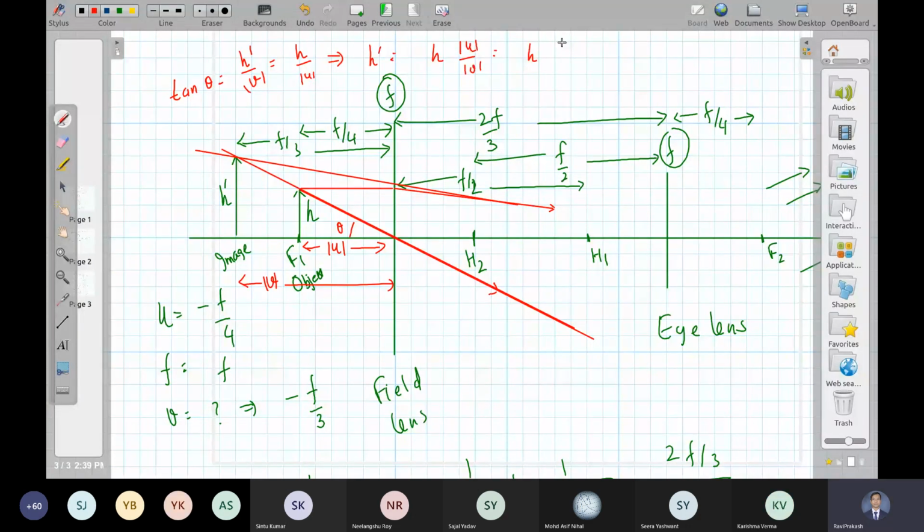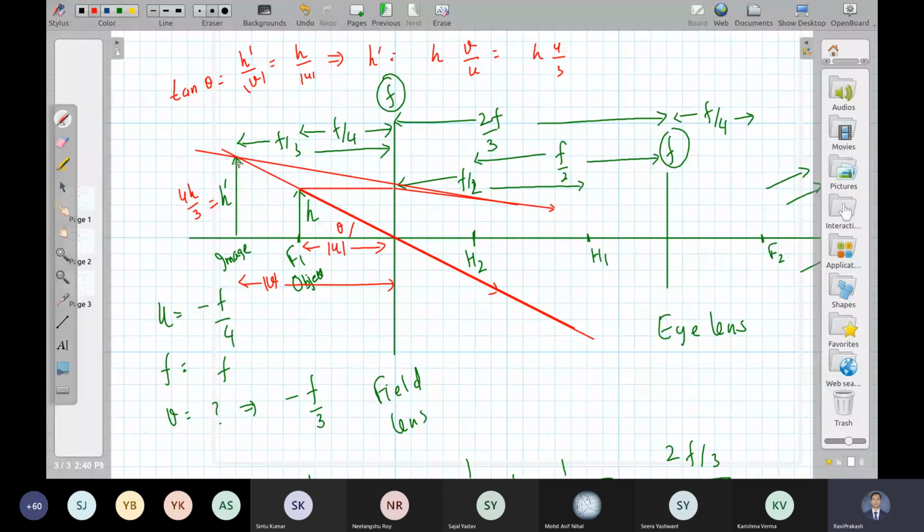So u is f by 4, v is f by 3. Is there some mistake? Yes, sir. It will be v by u, because the image should be larger than the object. V upon u times h. So it is how much? 4 by 3. 4h upon 3.